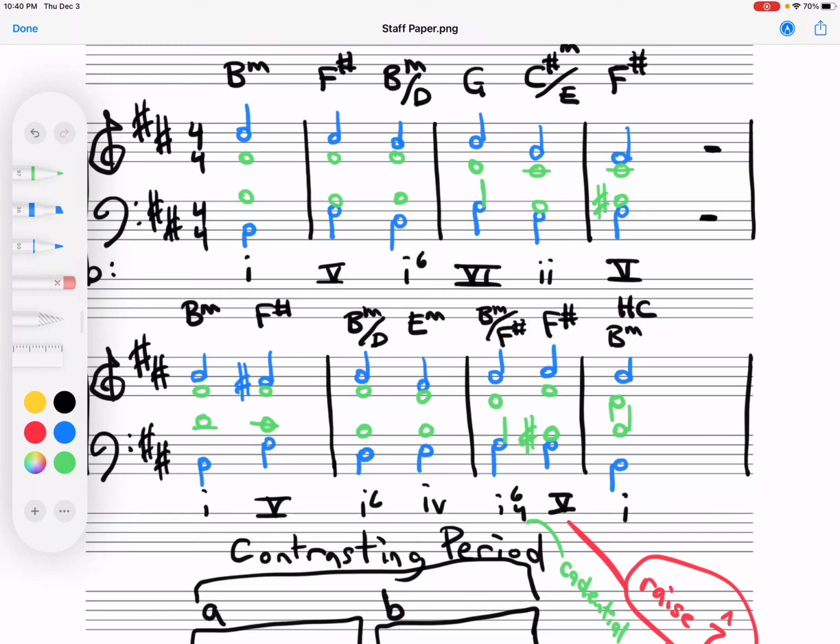Sorry. That's right. I put that there to avoid the augmented second. Okay, there we go. How did I miss that by accident? Alright, here's the whole thing.